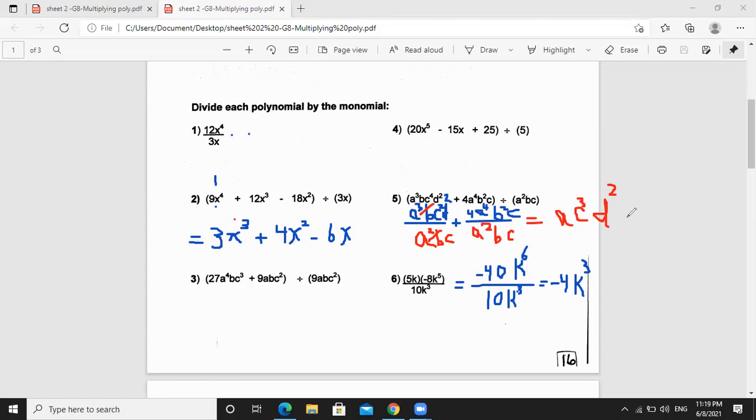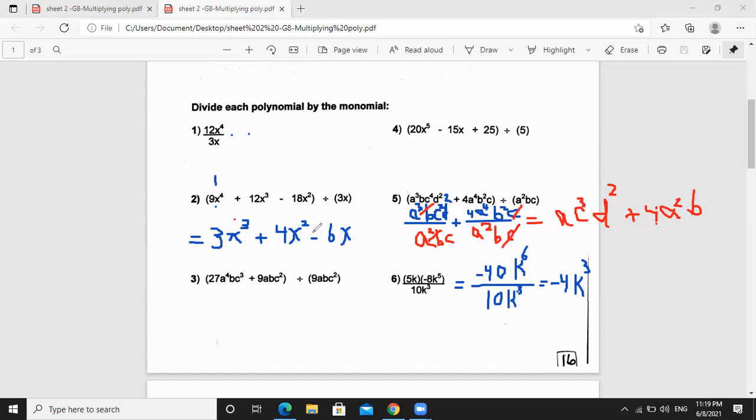Then plus 4 divided by 1, it will be equal to 4, and then a power 4 over a power 2, it will be a power 2, and b power 2 with b, it will be only b, and c with c, we will cancel them together.